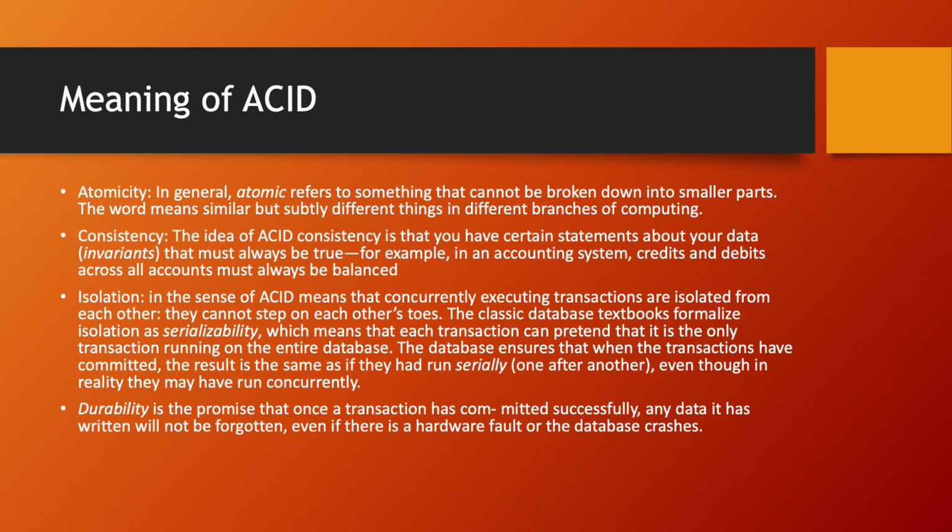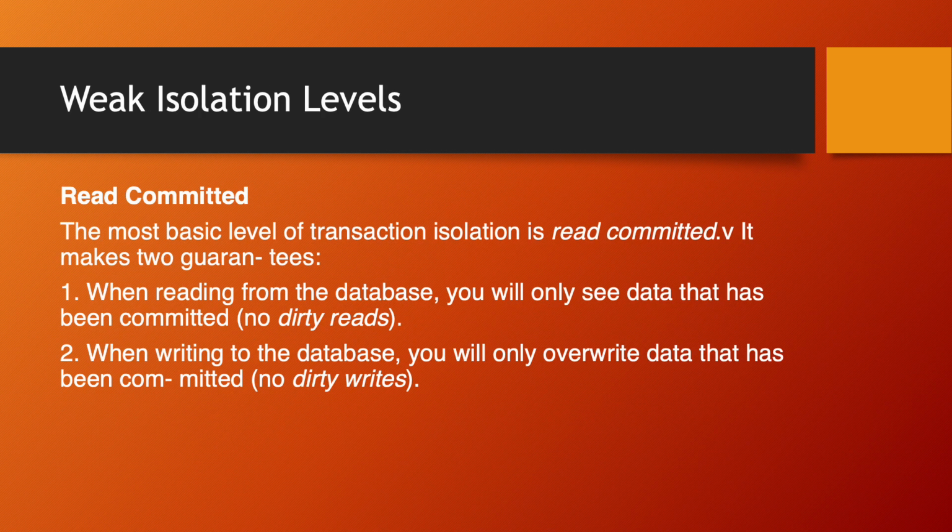The database ensures that when the transactions have committed, the result is the same as if they had run serially, even though in reality they may have run concurrently. Durability is the promise that once a transaction has committed successfully, any data it has written will not be forgotten, even if there was a hardware failure or the database crashes.